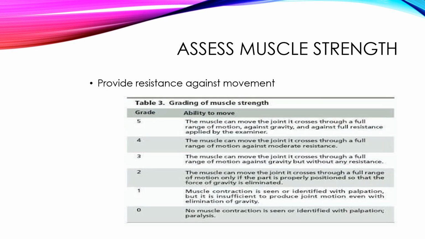So we will also assess muscle strength, for example, if you are providing resistance against movement. So we want to compare extremities. Maybe somebody's had a fracture, their arm was in a cast or something. We take the cast out and we try to assess their strength on that side compared to the non-affected side.